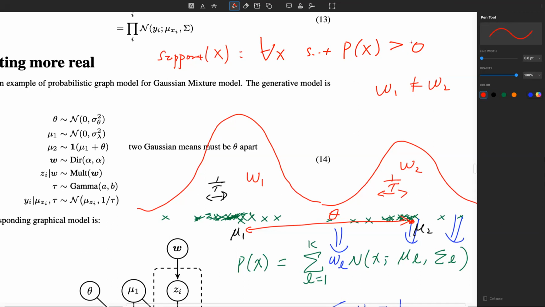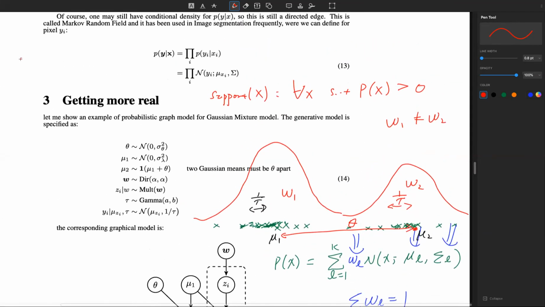But what kind of support does theta have? It's basically the real number line, right? So what is a plausible distribution for it?